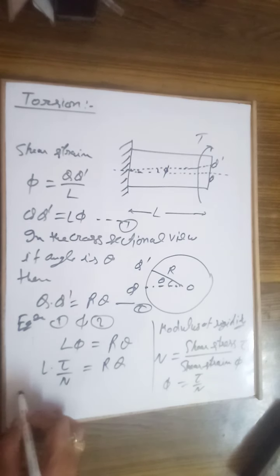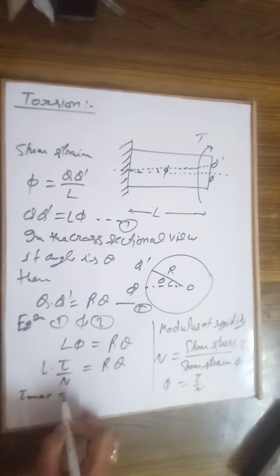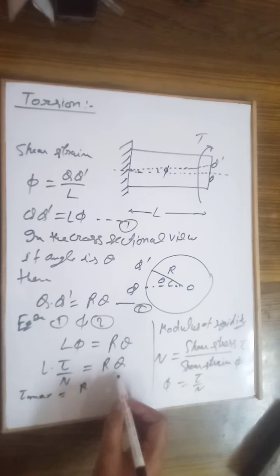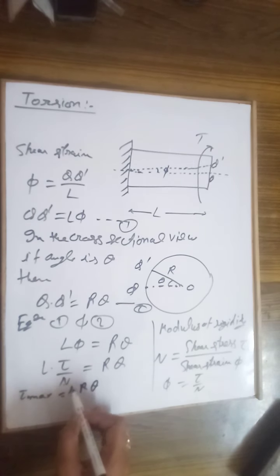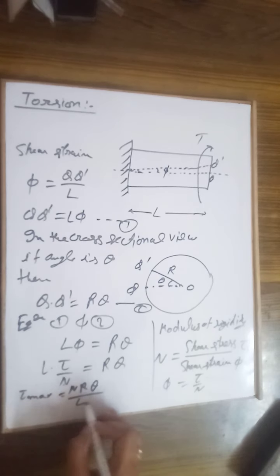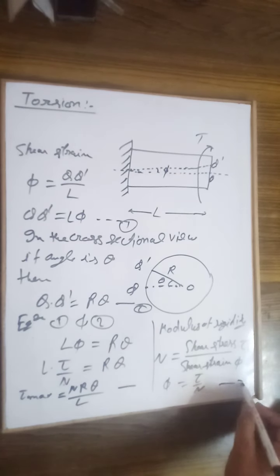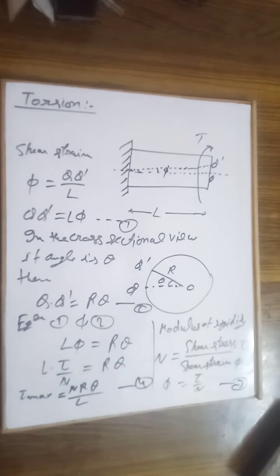So tau maximum can be written as r theta over L. This is our equation number 3 and equation number 4. Okay, so let me erase this and discuss further.